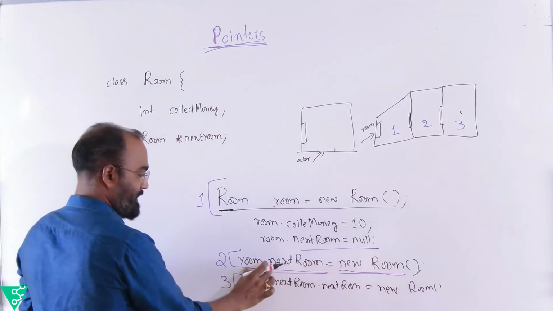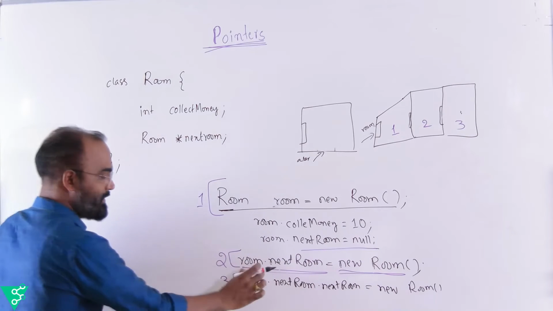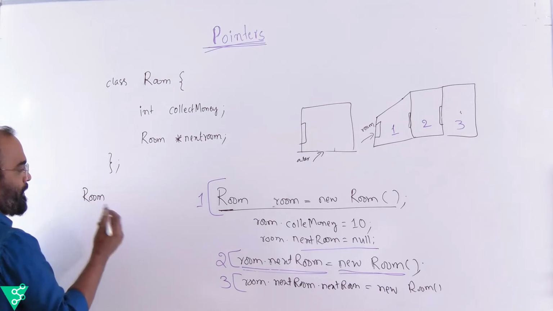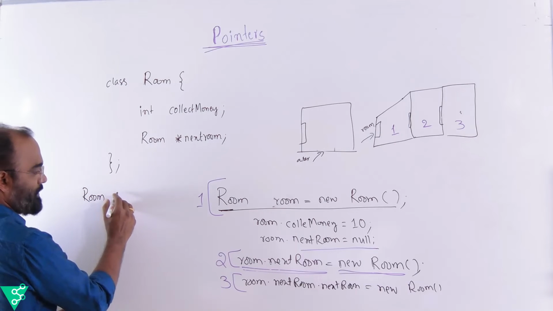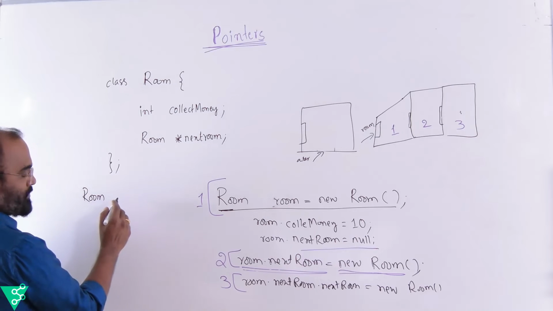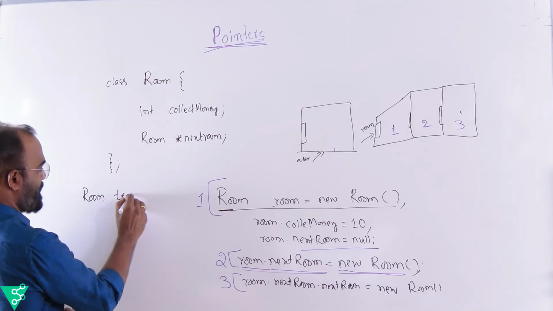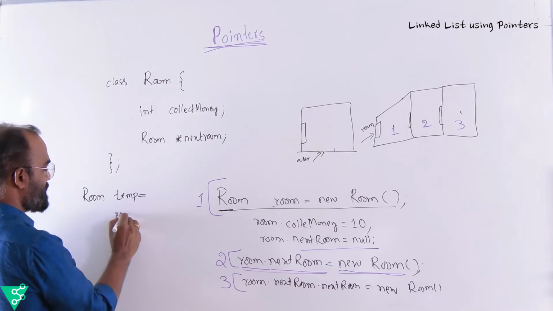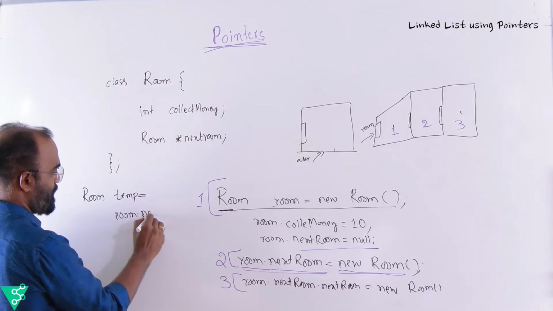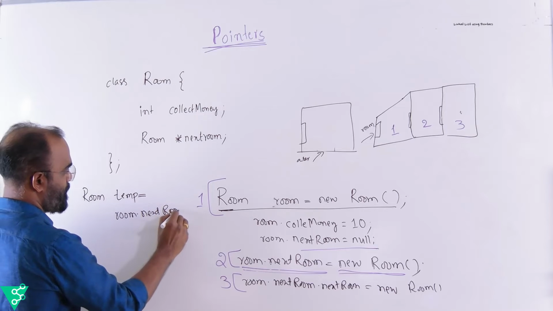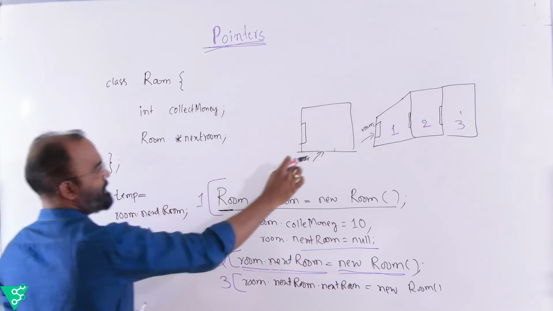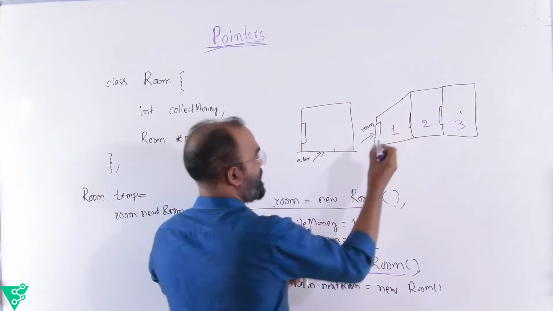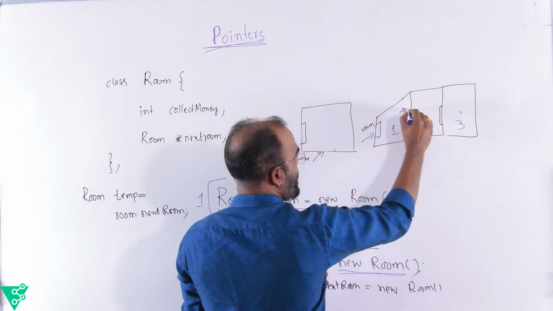Now I can assign this room dot next room, always I move the next room. So I say temp, for example, temporary, is equal to room dot next room. So room is here, dot next room. You are here. So now here you are calling this temp.